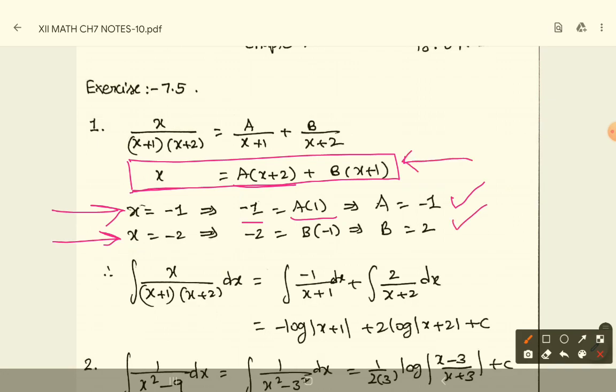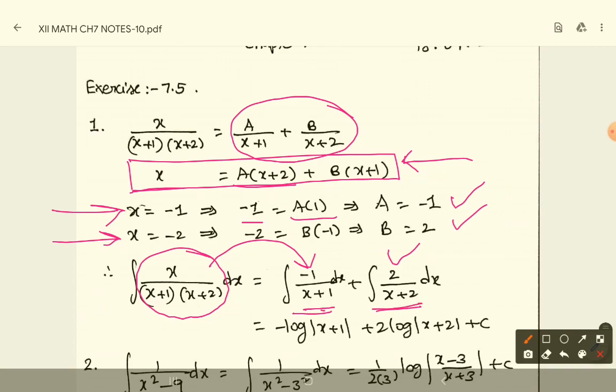After finding the a and b values, you substitute them in the partial fractions decomposition. So instead of x by (x plus 1) into (x plus 2), you write minus 1 by (x plus 1) as one partial fraction and 2 by (x plus 2) as another, because they are a by (x plus 1) plus b by (x plus 2). Hope you understand it. Then the integration of that is minus log mod (x plus 1) plus 2 log mod (x plus 2) plus c. Hence we have done it.